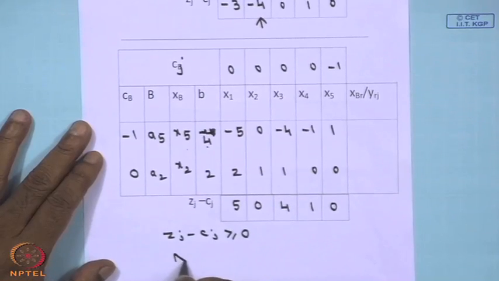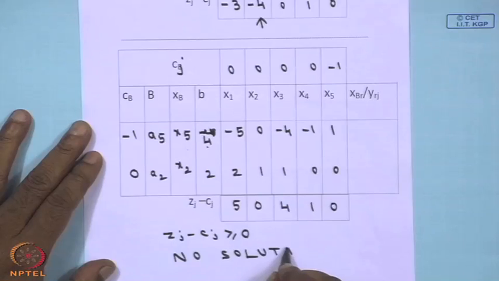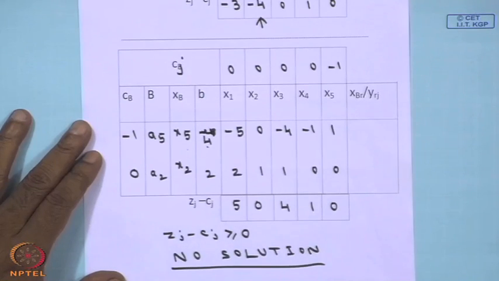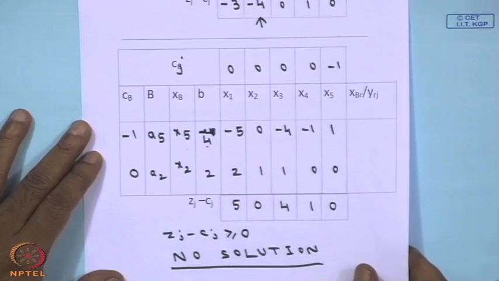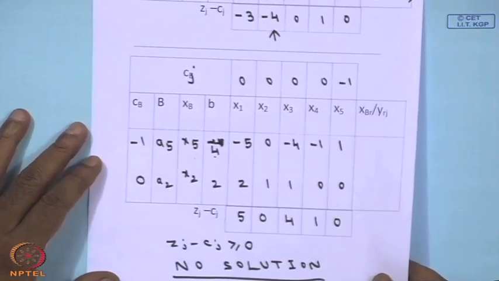Therefore, this problem has no solution, from what we told earlier, that if the artificial variable is present in the basis and its value in the basis is positive, then no solution will occur.